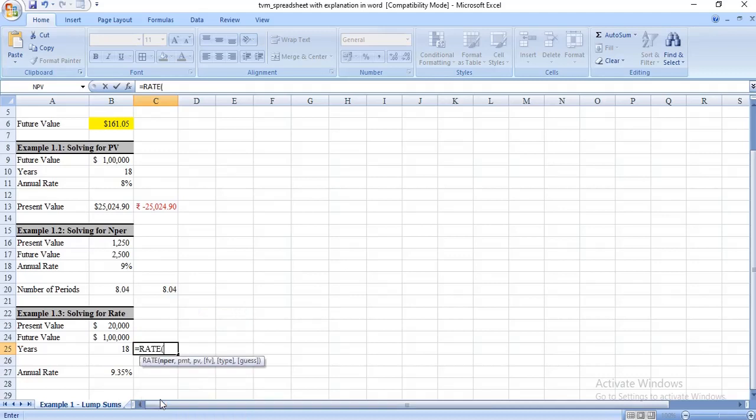Formula will be RATE. NPER is 18, PMT is 0, PV is minus this cell, then you have FV, then type 1, right? So you will be getting 9% in this case, right? So that is the return you are getting.